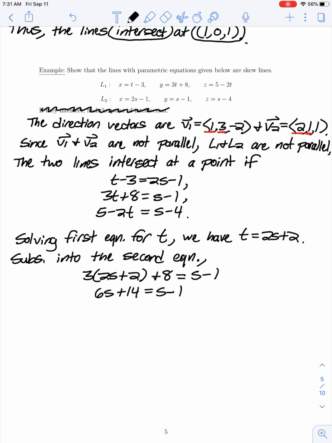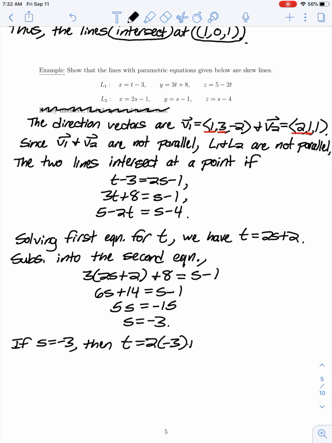So moving all of our s's to the left-hand side, I would have 5s, and moving all of our constants to the right-hand side, I'd have negative 15. So s is negative 3. And if s is negative 3, then substituting into our equation for t, I would have 2 times s plus 2.